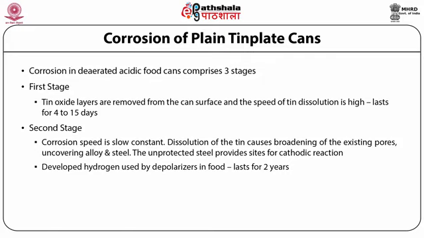The area of exposed steel dictates the rate of hydrogen evolution, and as the ratio between the areas of tin and steel decreases, that is, as more steel is exposed, polarization decreases. This stage is slow and can last for over 2 years.